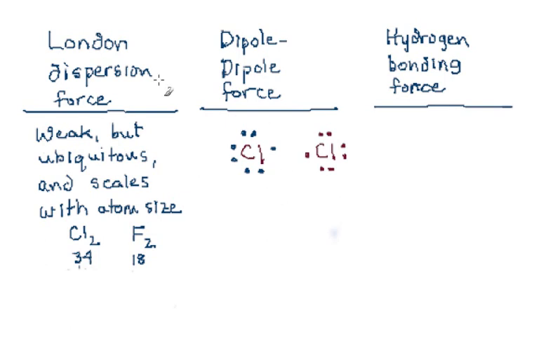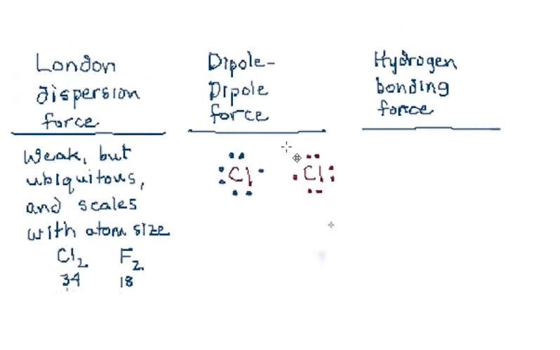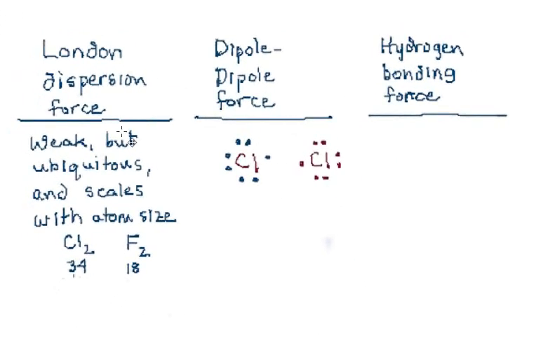Well, if these atoms link together, I don't know if I can move this, but let's give it a shot. Nope, not happening. If these atoms drifted towards each other and shared these two electrons, then through the magic of sharing, they could each kind of have 8 electrons.